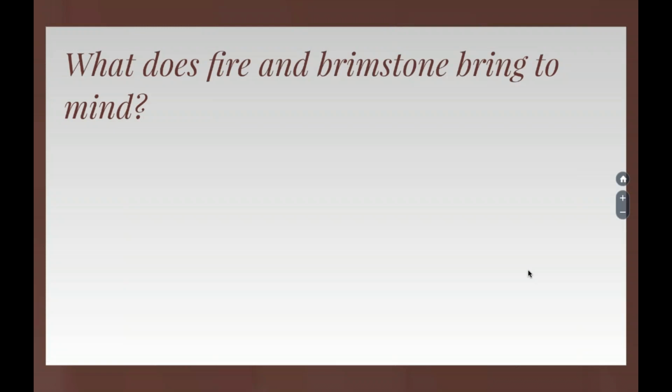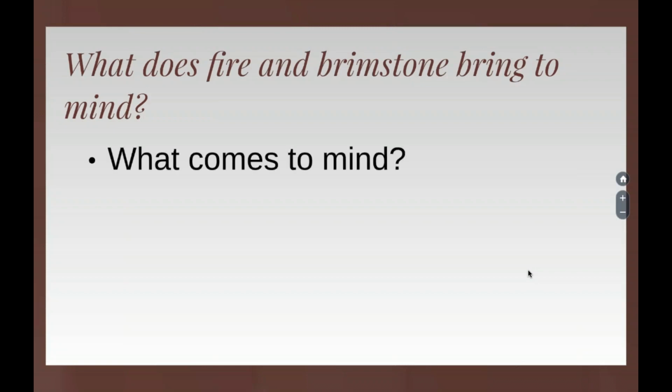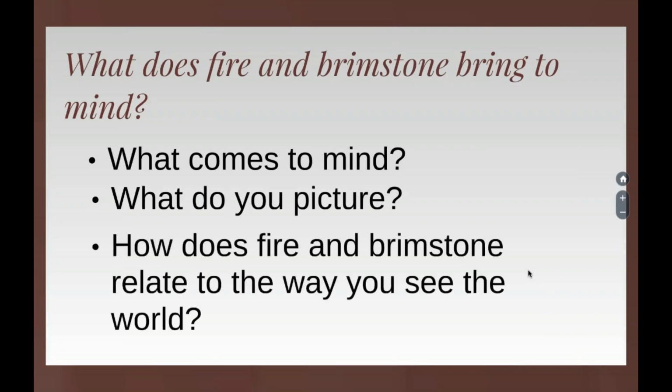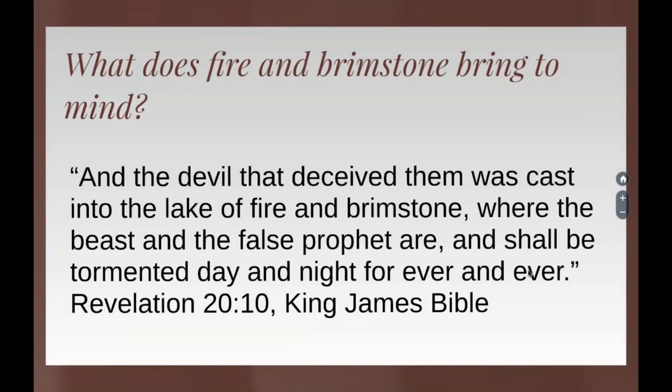But I think if we're more thoughtful about where this kind of rhetoric comes from, then we'll use it more effectively, or sometimes opt not to use it at all. So what do you picture when we think about fire and brimstone, and how does it relate to the way you see the world, and maybe how it relates to the way some of your students might see the world that differs from the way you see the world is very much worth thinking about.